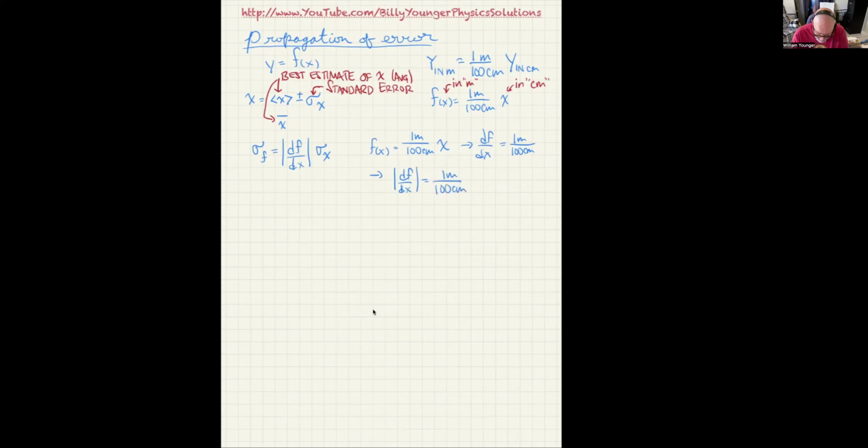Okay, so for instance, if our value was x equal to 5.23 centimeters plus or minus 0.03 centimeters, I want you to notice that this last digit could be the instrumental error, but the main thing is it's the error that we've assigned to the variable x.